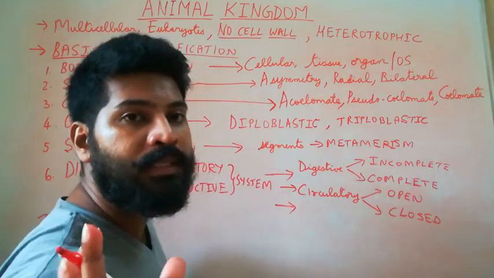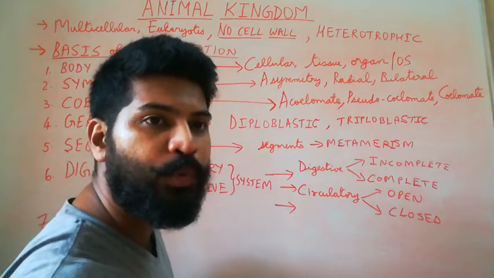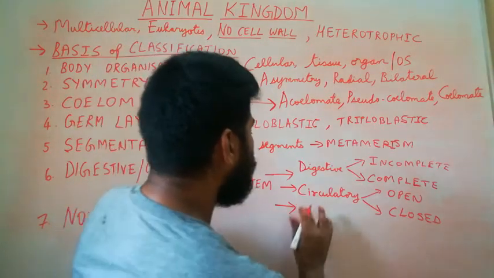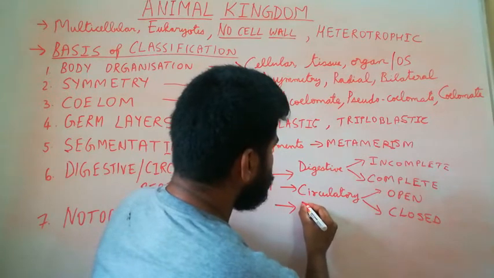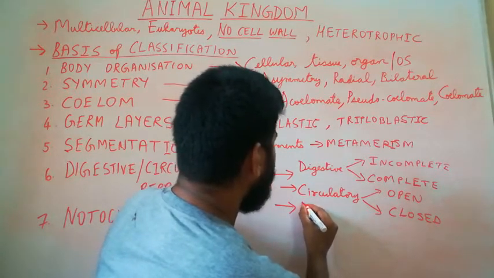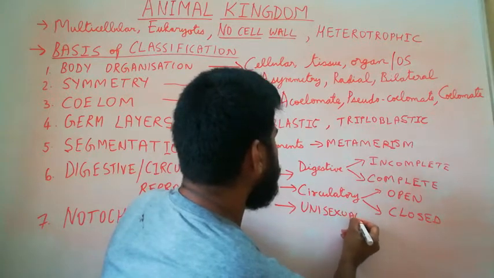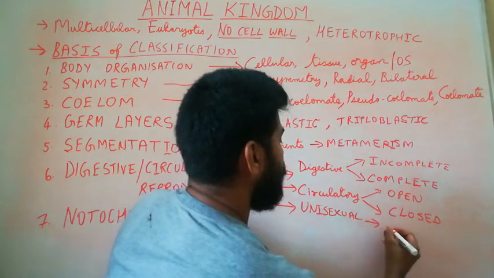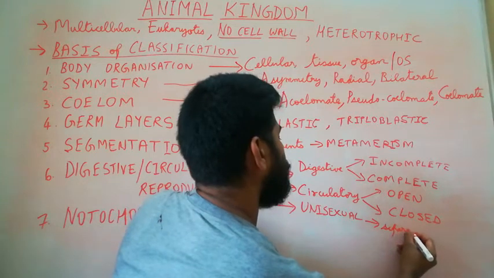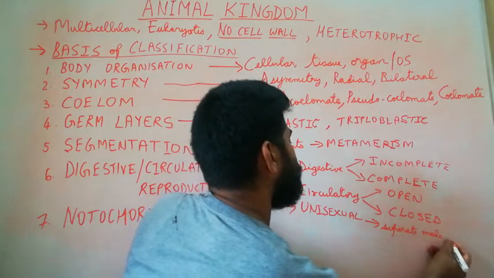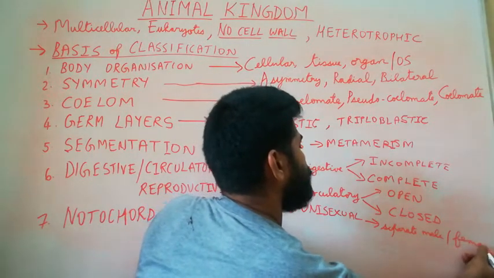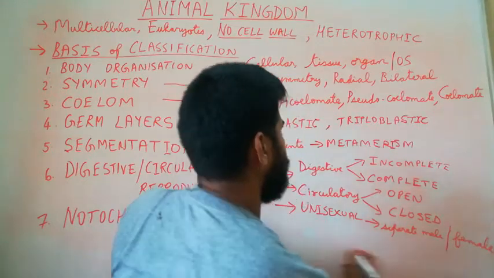With regards to reproductive system, almost all the animals are known to undergo sexual reproduction, and most of them are unisexual. That is, there is a separate male and female organism.